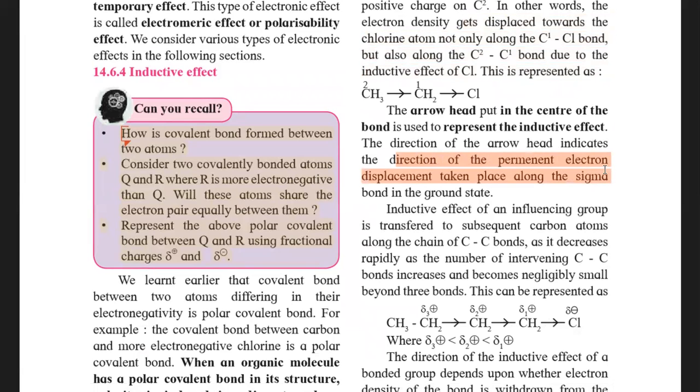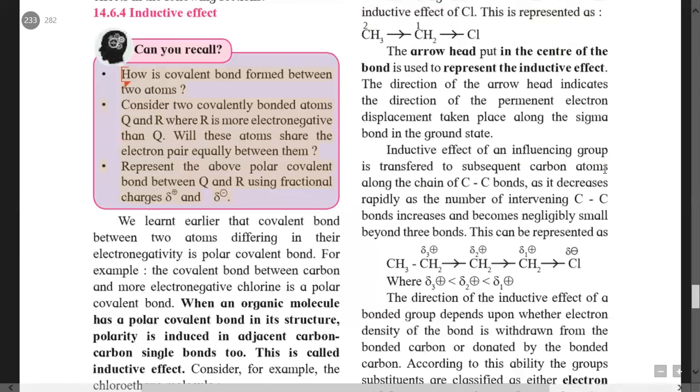ground state. The inductive effect of an influencing group is transferred to subsequent carbon atoms along the carbon-carbon bond, and it decreases rapidly as the number of intervening carbon-carbon bonds increases, and it becomes negligibly small beyond the third carbon atom.